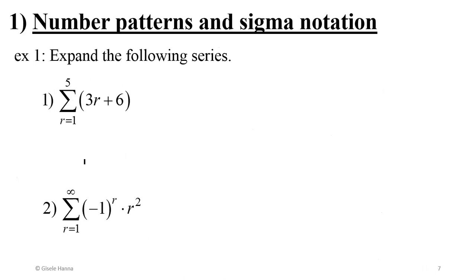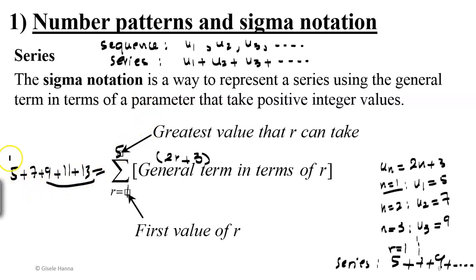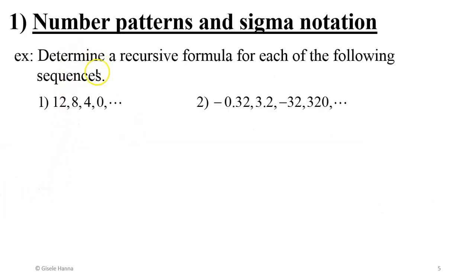Now, on our next slide, we have two series represented by their sigma notation to expand. To expand a series when written in sigma notation means that I need to represent it using the sum of the terms.